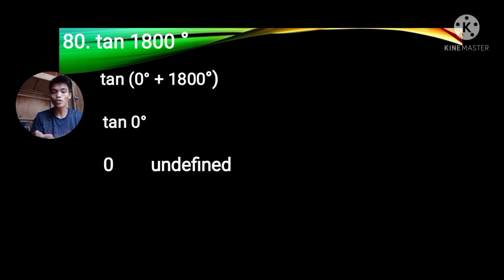What we do is simplify the expression using the period of the trigonometric function, and the next is we evaluate the expression, in which the answer is 0. Therefore, it is clearly stated that it is undefined, and the reason why it becomes undefined is that the tangent of an angle is defined as the sine of that angle divided by the cosine of that angle. Therefore, it is being called undefined.